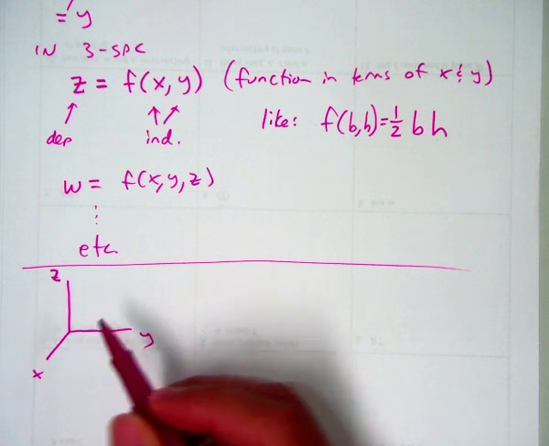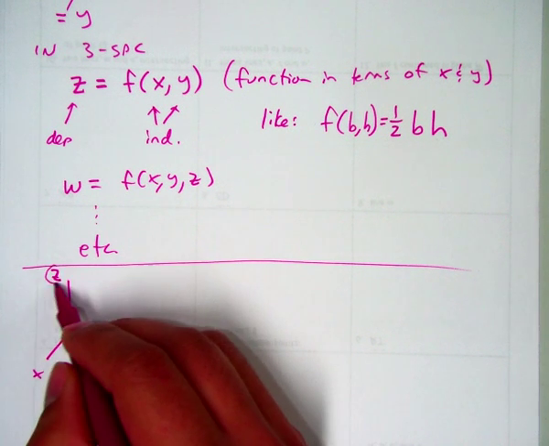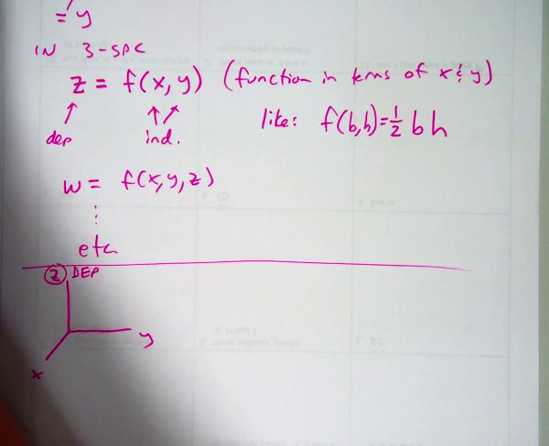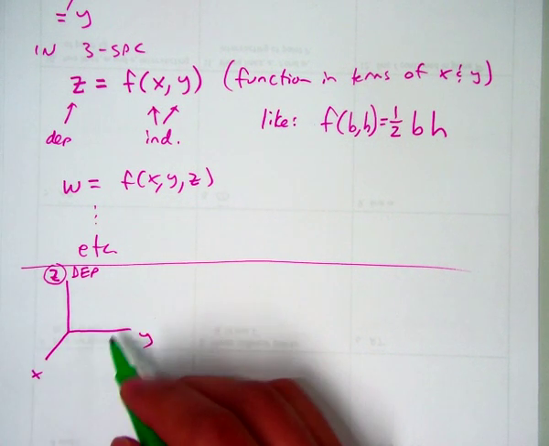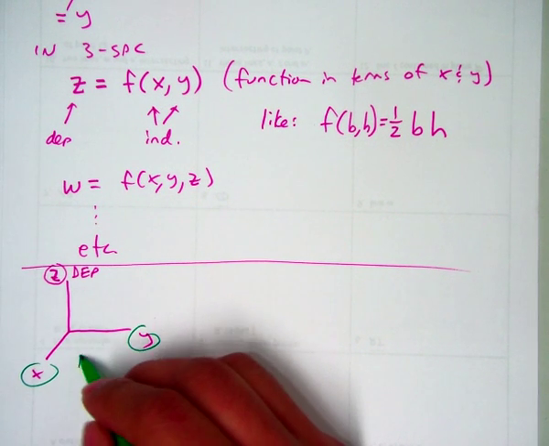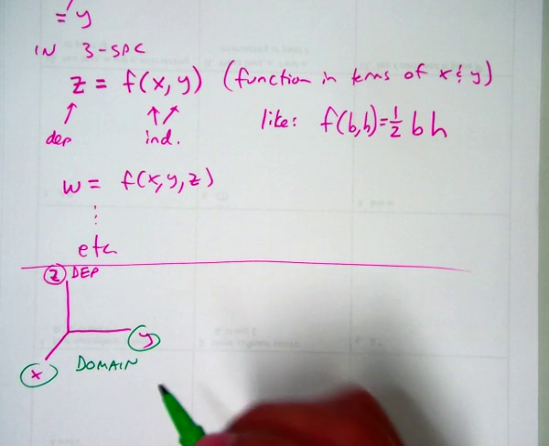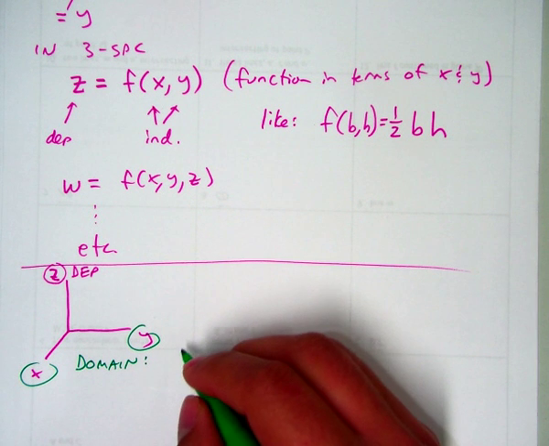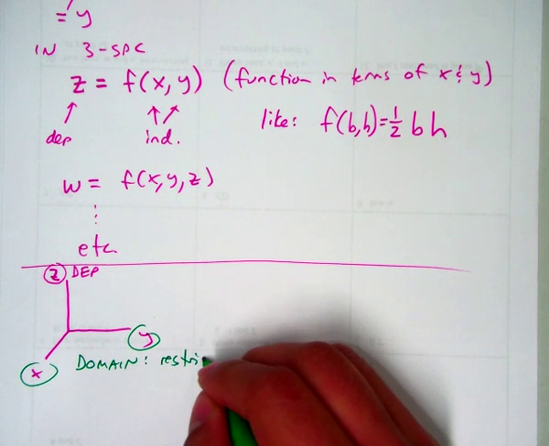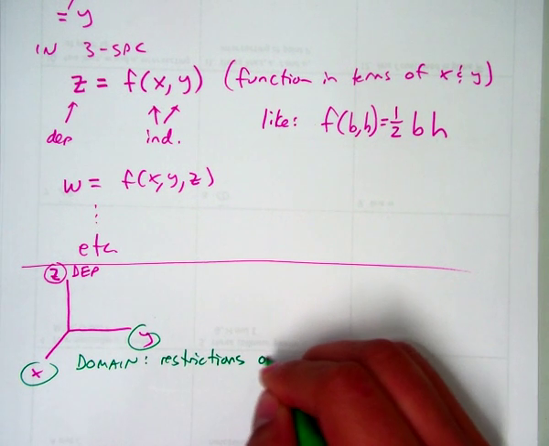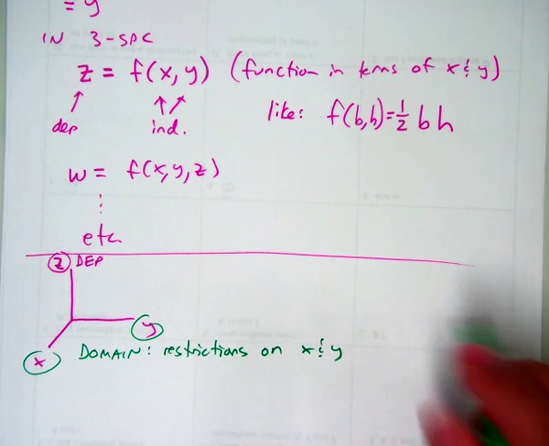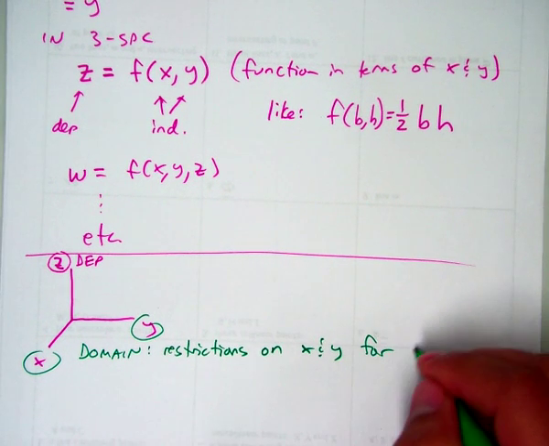Okay, so this is the dependent, and now your domain will be determined by your xy values. So the domain, I guess you can say it's the restrictions on x and y for f of x, y.